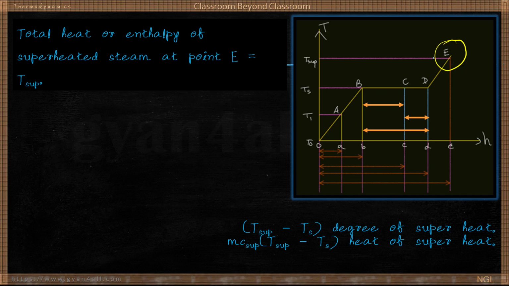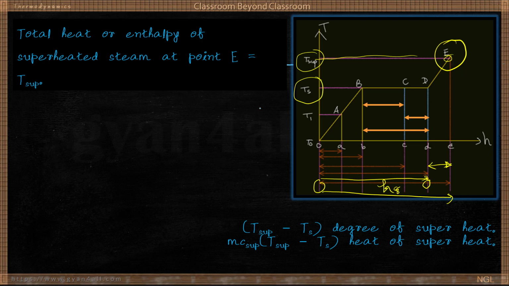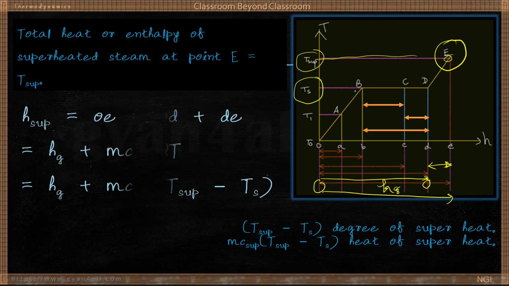Dry means it is beyond dry, that is the superheated region. So for total heat, up to this point this is Hg. The only thing we have to add is this amount of heat. During this time the temperature increases from Ts to T sup.